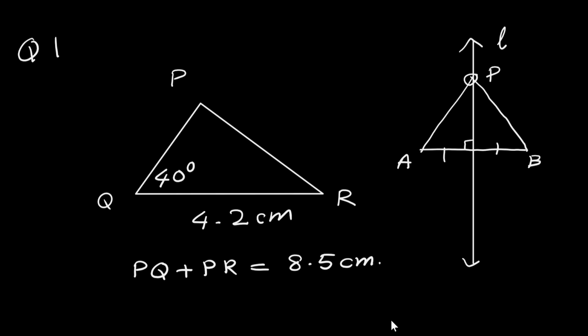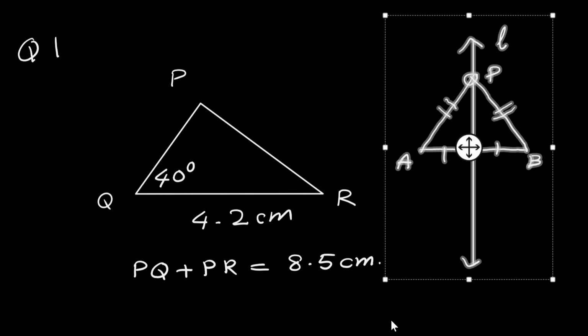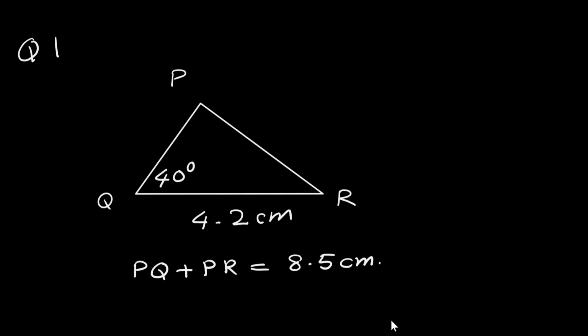The converse is also true. If PA is equal to PB, then P lies on the perpendicular bisector of that segment. We will prove this property in the third chapter, congruence of triangles.